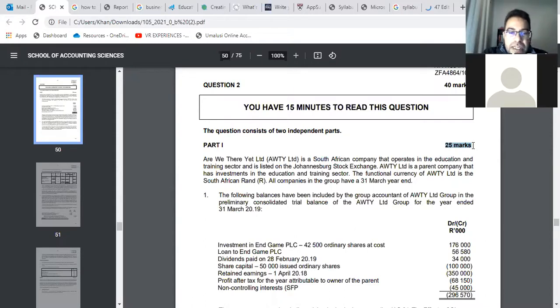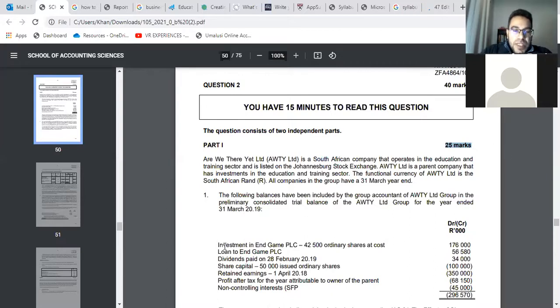So, investment in Endgame PLC: we have 42,500 ordinary shares at cost, which is 176 million Rand. Then we have a loan to Endgame. This is an important aspect when it comes to the loan. You must be on the lookout for a loan. The loan can be treated in one of two ways. It can be a normal loan, but it can also be part of the investment.